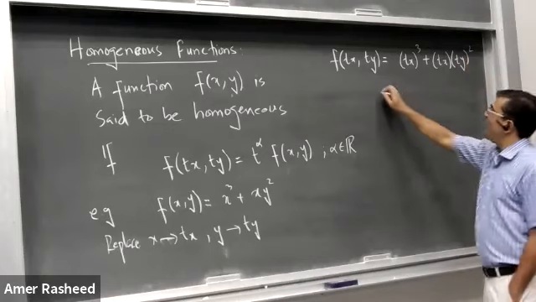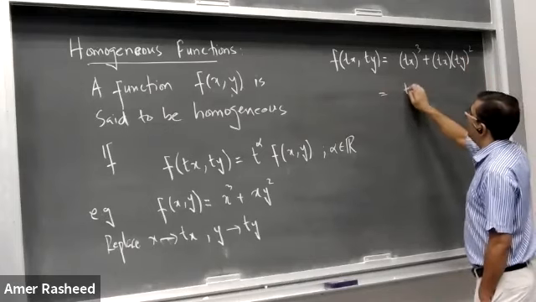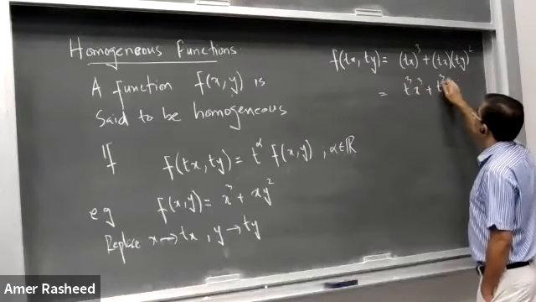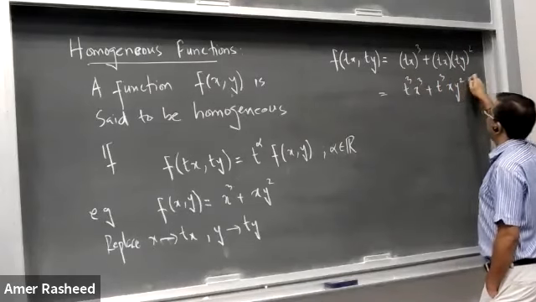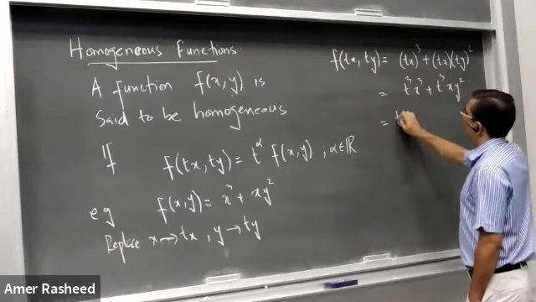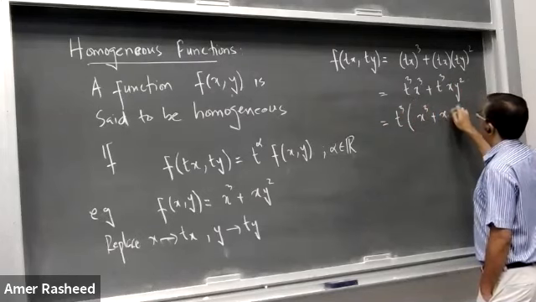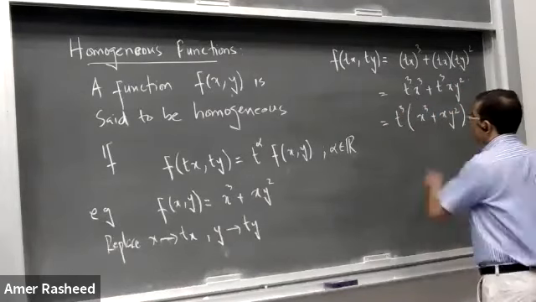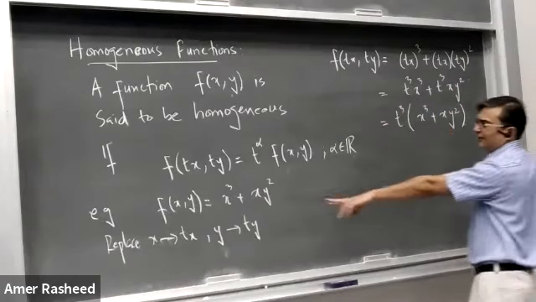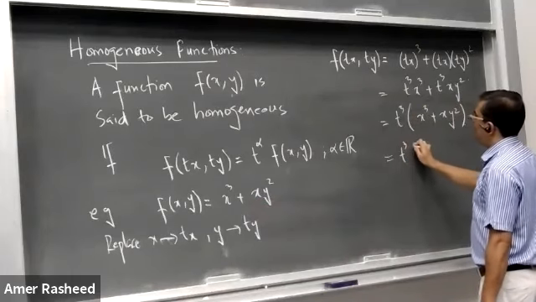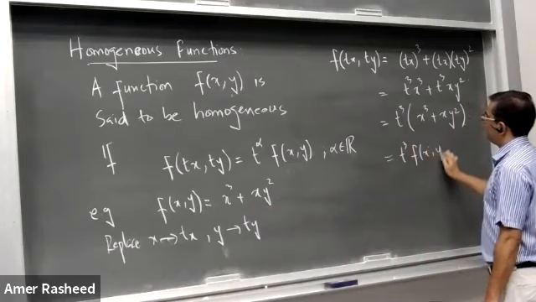Now it is t cube x cube plus t cube x y square. Can we take t cube common out of this function? It is x cube plus x y square. Now x cube plus x y square is the same function f of x, y. So it is t cube f of x, y.